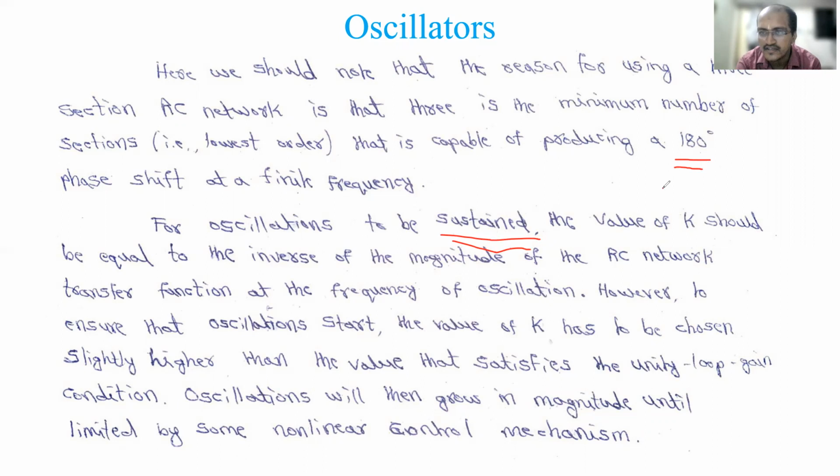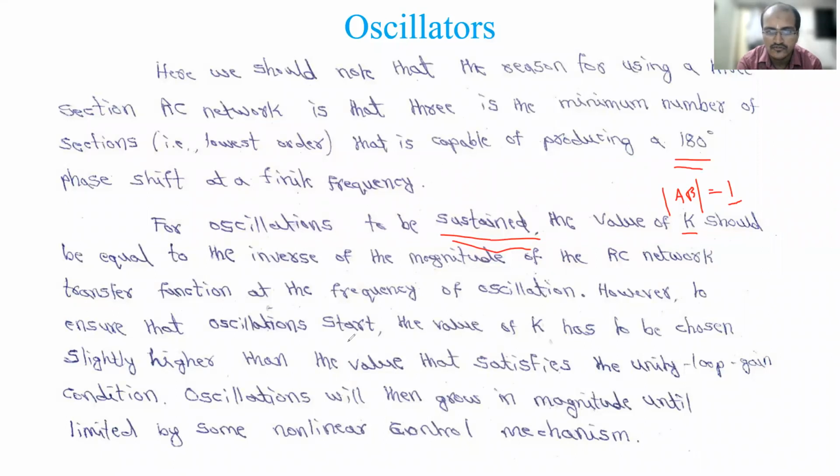Because another criterion also should be satisfied: the magnitude of A into beta is equal to 1. The loop gain should be equal to 1, and the angle should be 360 degree or 0 degree. To satisfy this, if the amplifier has gain K, then the beta network gain should be 1 by K, so K cancels out and it gives you 1.